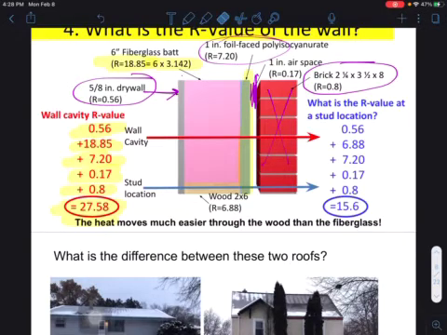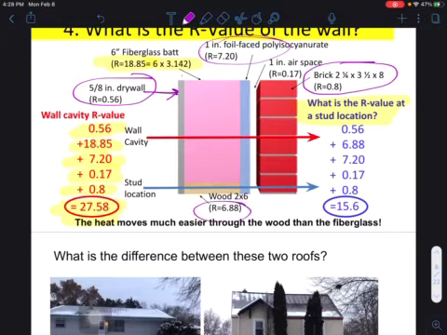The difference between the wall cavity and what's called the R value at the stud location, this over here on the right hand side says what is the R value at the stud location. The difference is this thing right here. That tan color thing is a 2x6 piece of wood. It's called a stud. And that R value at the stud is 6.88.